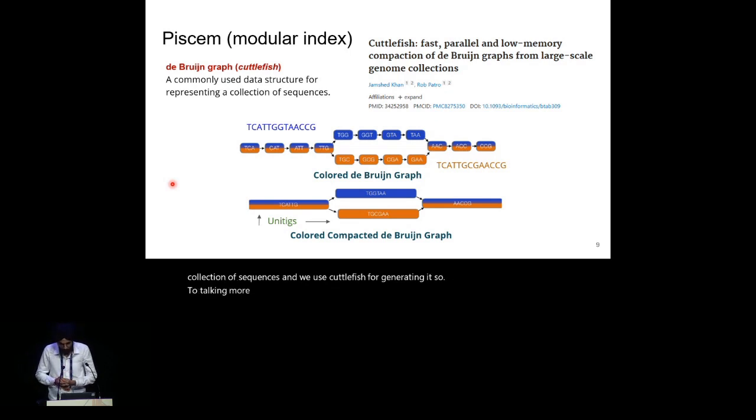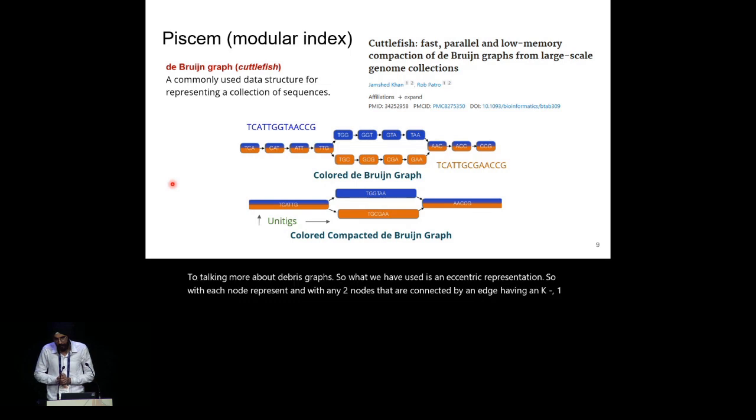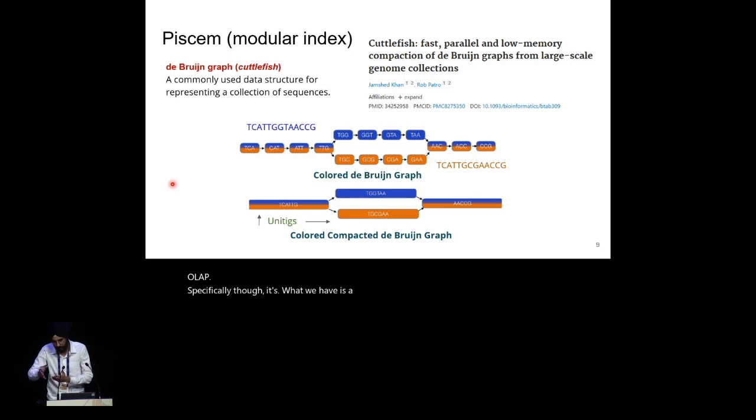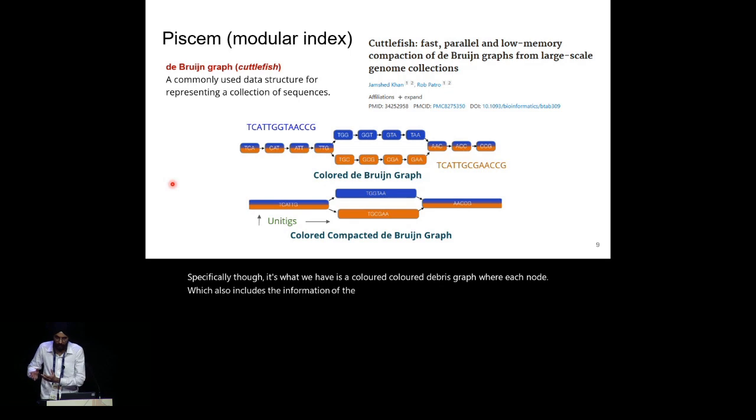Talking more about De Bruijn graphs, what we have used is an edge-centric representation, where each node represents a k-mer, and any two nodes connected by an edge have a k-1 overlap. Specifically, we have a colored De Bruijn graph, where each node also encodes the information of the color, or the references in which that particular node exists.